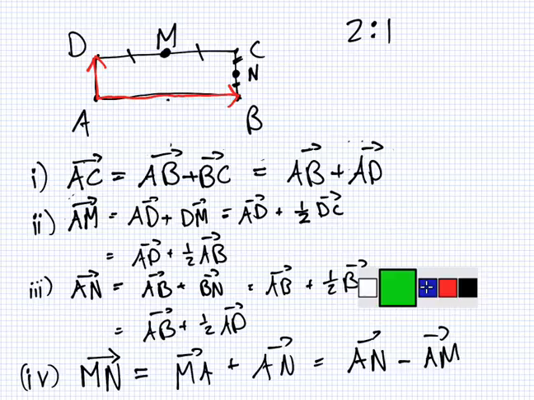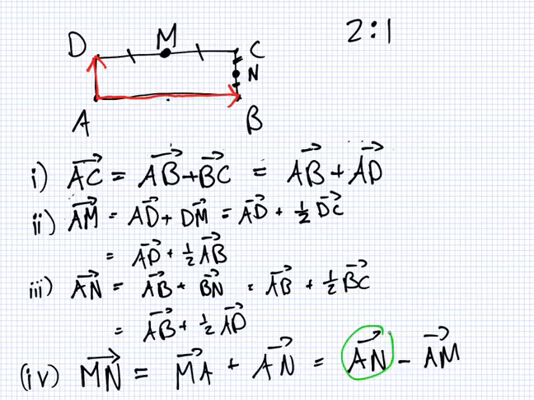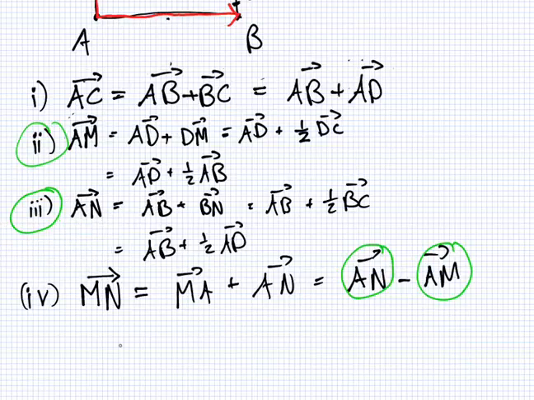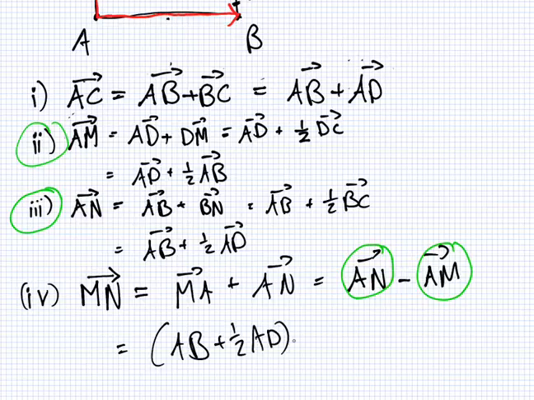And the reason for doing the swap is if you look carefully, you can see that this here is my answer to part 3, and this here is my answer to part 2. So I could say my answer from part 3, which is AB plus a half AD, minus my answer from part 2, AD plus a half AB.